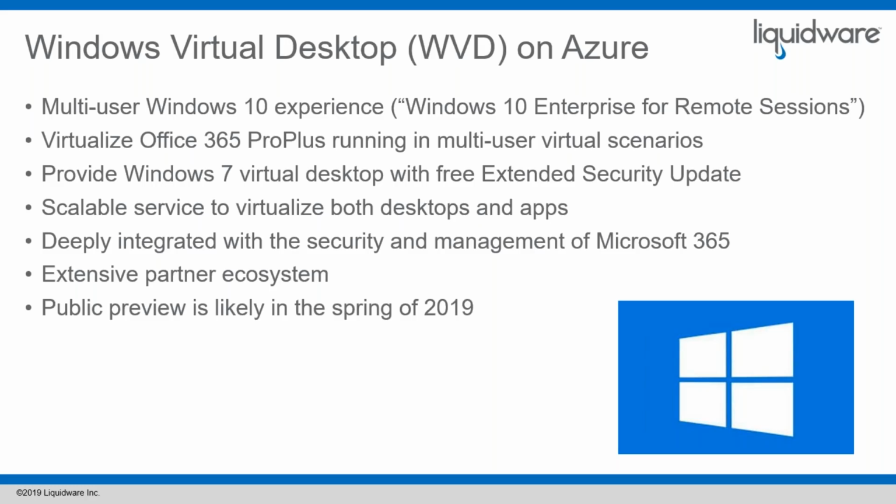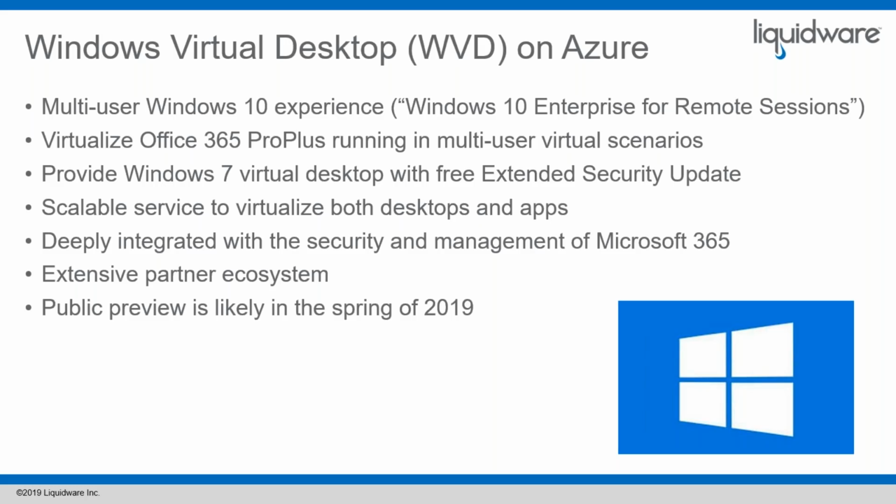If you want regular updates for your enterprise and want to be on the fast servicing track, you won't be able to use Windows Server with the desktop experience. That's just not available. So, looking at all of these challenges, the need to be on the fast servicing track and the need for the full desktop experience, Microsoft had to come up with a better solution. This is what Windows 10 Enterprise for remote sessions will offer.